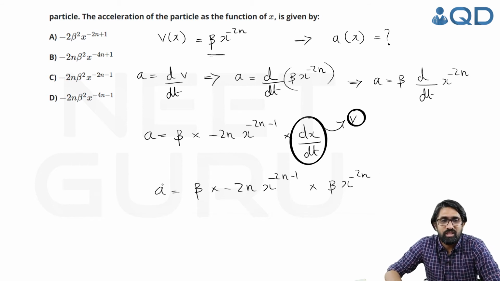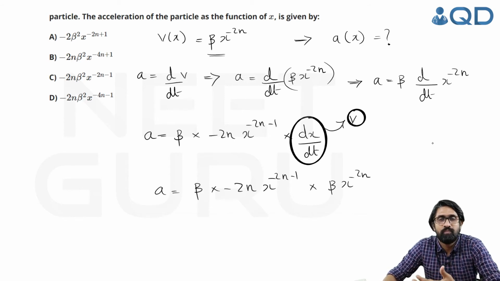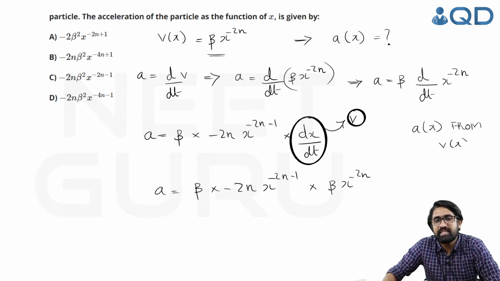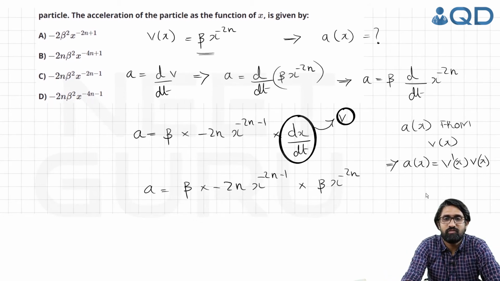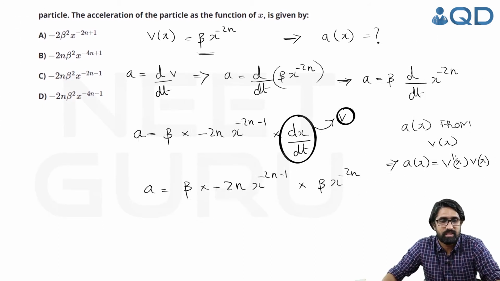Now, to get to this answer here, we can use the direct formula, which is also available, that is a of x from v of x can be directly written as a of x is equal to v dash of x multiplied with v of x. And this is also possible. There is a direct formula which would help you do this.